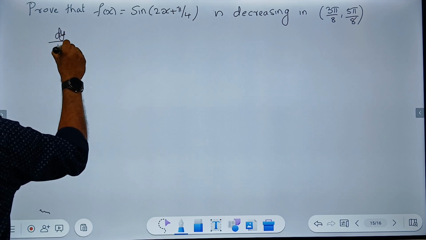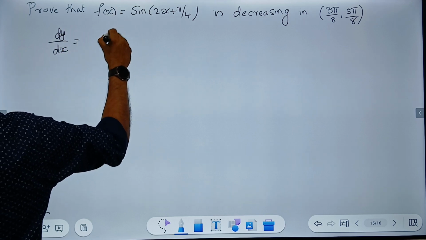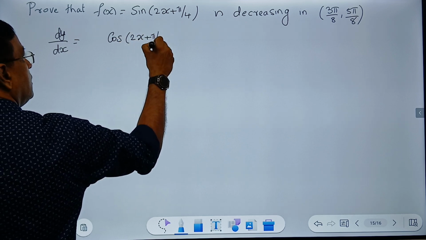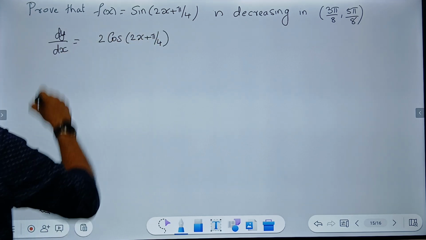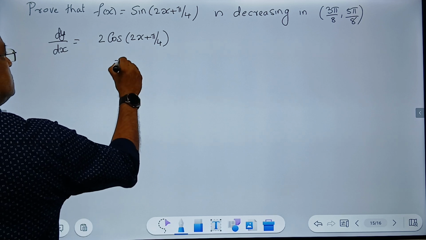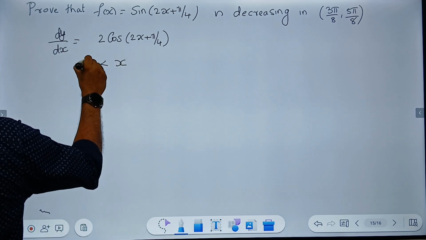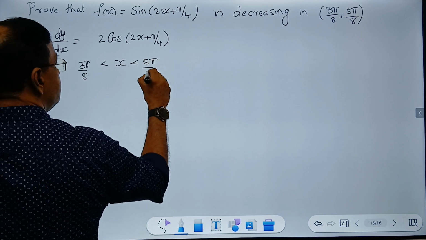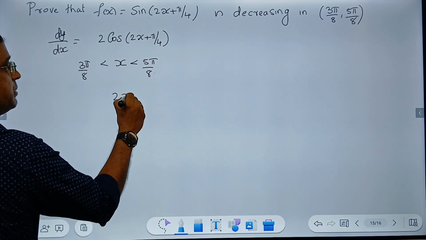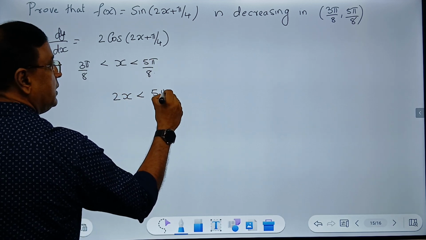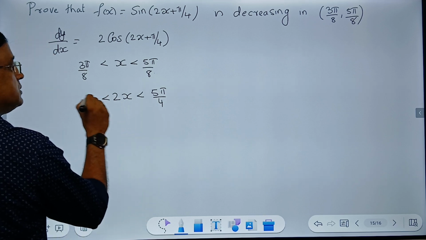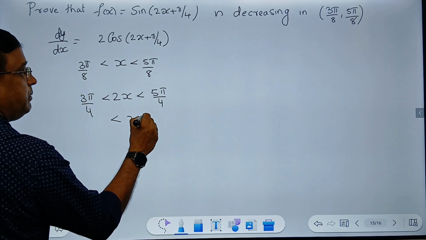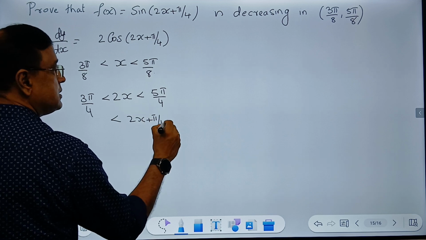So what is dy by dx? Dy by dx is equal to the differentiation of sine, which will be cos of 2x plus pi by 4 into 2. Now where does x belong to? X lies between 3 pi by 8 and 5 pi by 8. Multiply both sides by 2. This is 3 pi by 4 and this is 5 pi by 4. Add pi by 4 to both sides.